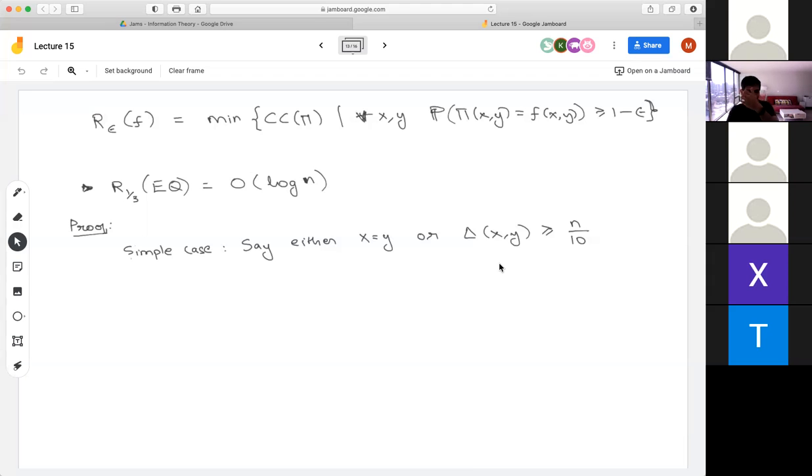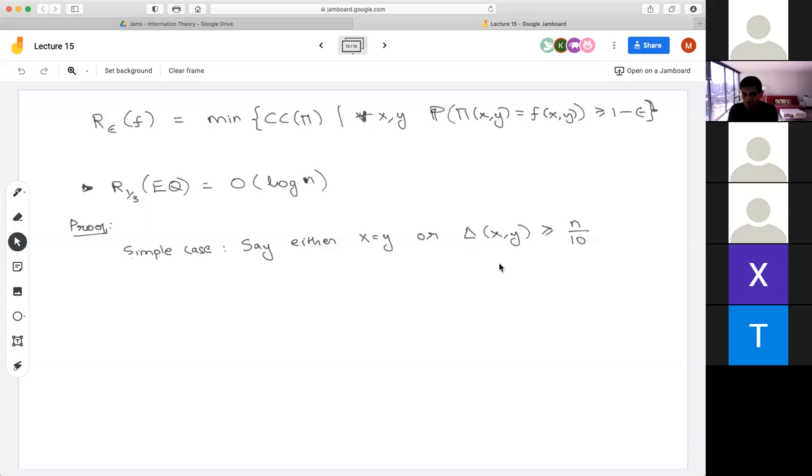And now I claim that, let's say if you were still interested in equality, x equal to y, then the amount of communication you need is really small. In particular, you can work with log n bits of communication.